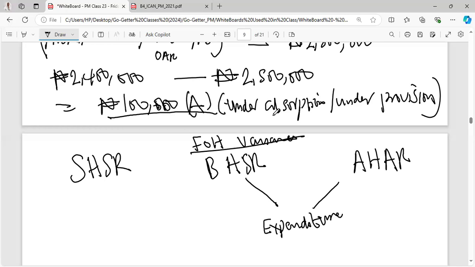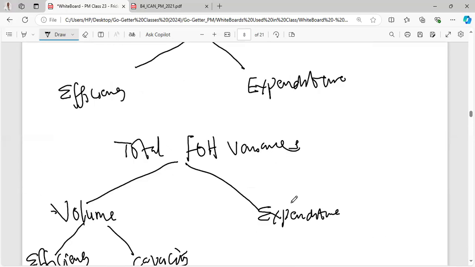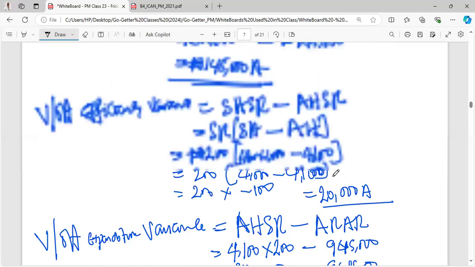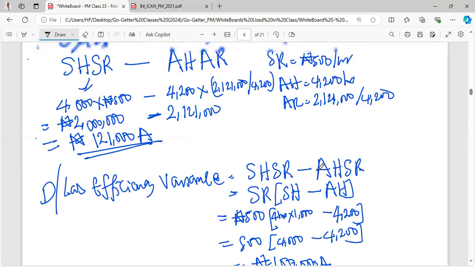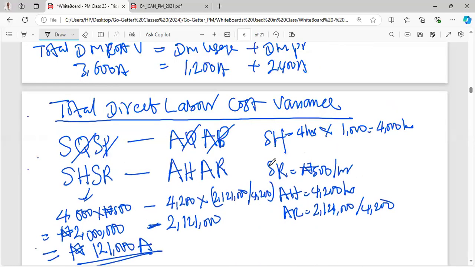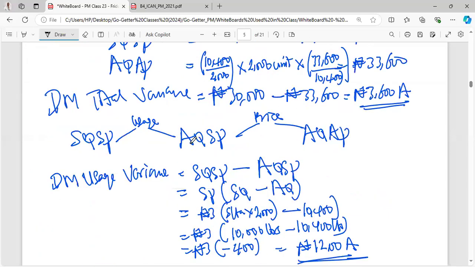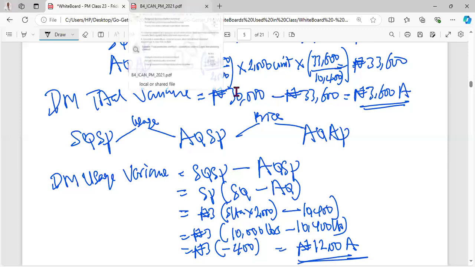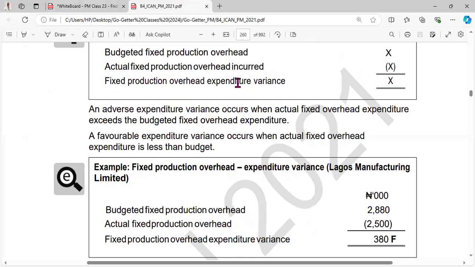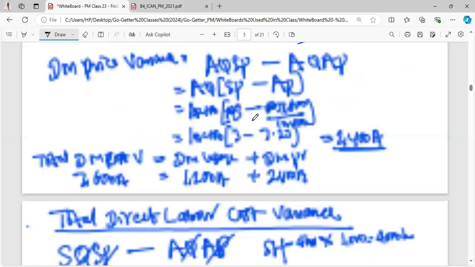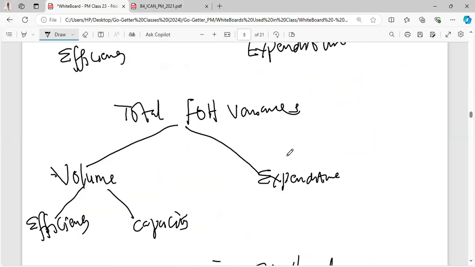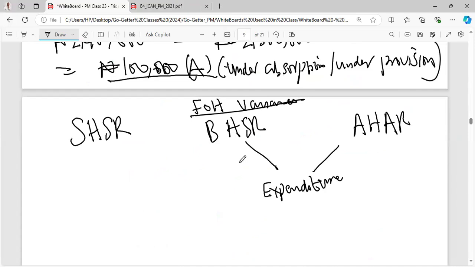Like we have here, expenditure. Sorry, we'll be having two things. I forgot to put the second one. So normally we will have, okay, let's leave it this way.